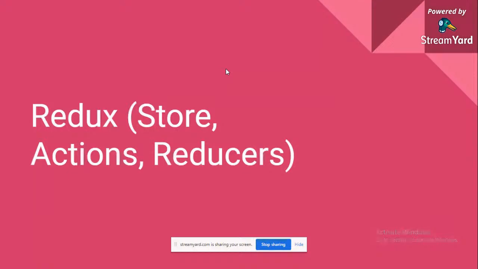Redux has three main parts. The store is what I explained, in which we store all of our data and props, everything we actually need. It contains the state of the components which needs to be passed to other components.